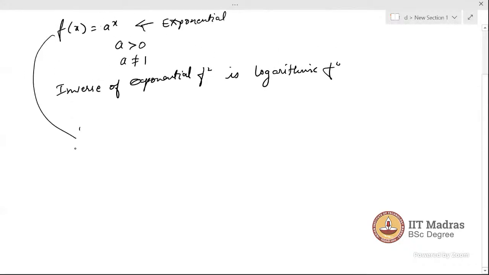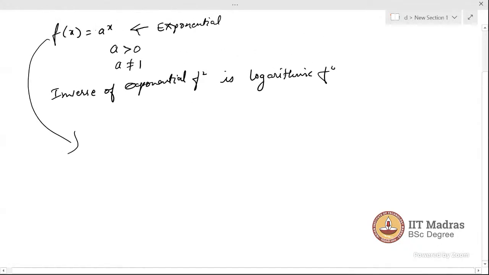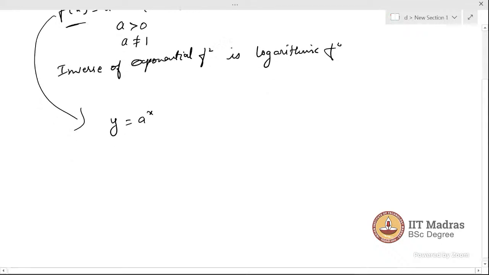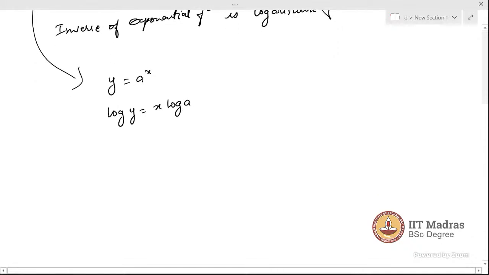Now if I bring this here, this is my exponential function. When I take the inverse, let me consider f of x as y, so y equals a to the power of x. If I'm finding the inverse, I can take log y, which I can write as x log a. Whenever I write log, consider that it is to the base 10. You can take any base, but here we'll take 10.